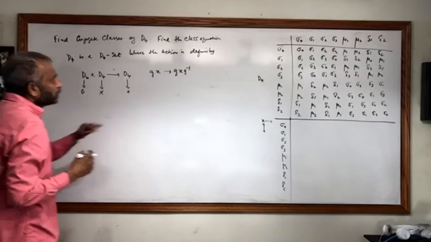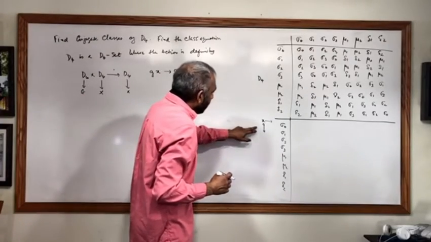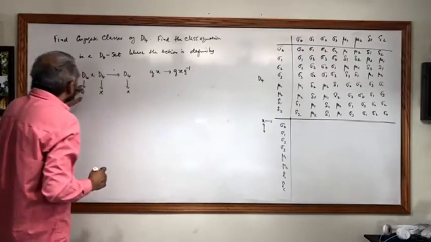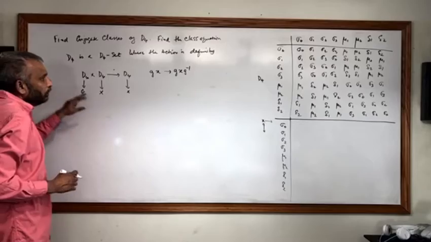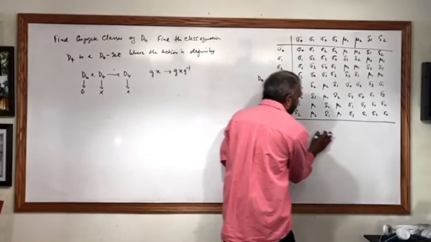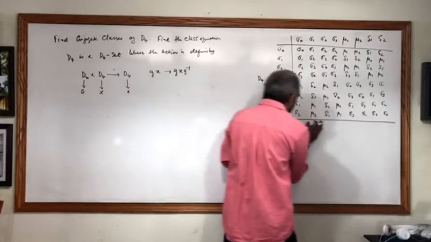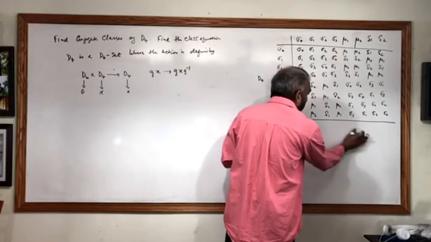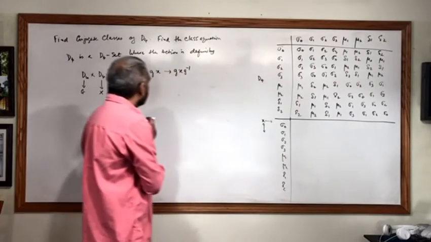So we have this one here, and here we are going to fill this area. I'm not going to fill the whole area, but I'll show you how we are going to do this.